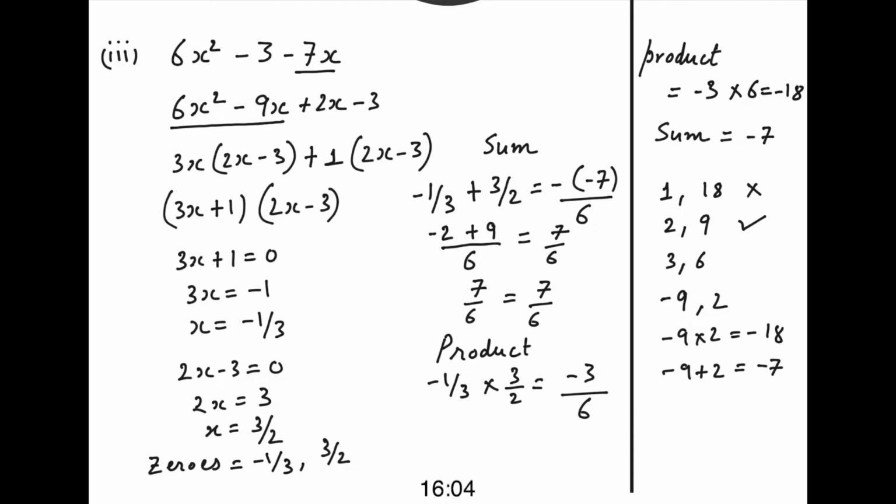So here on the left hand side we'll cancel 3 and 3, we are left with minus 1 by 2, and minus 3 by 6 is also minus 1 by 2. So the left hand side becomes equal to the right hand side. So we have verified the relationship between the coefficients and the zeros.